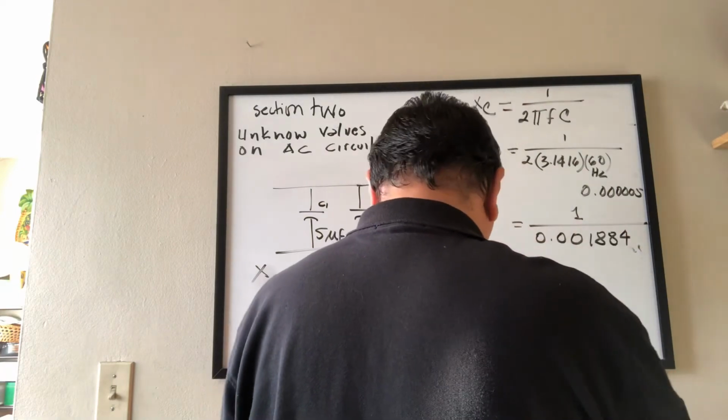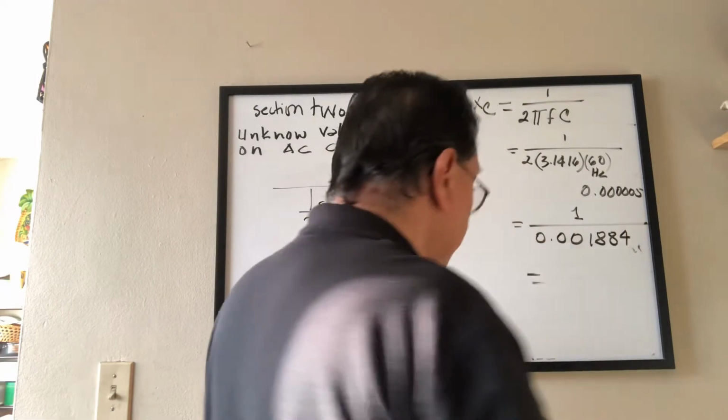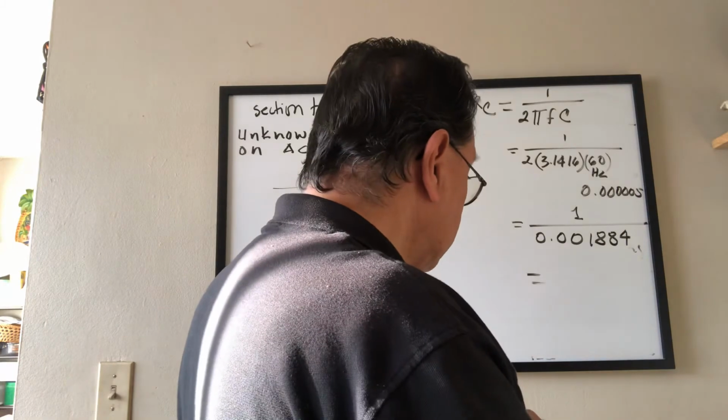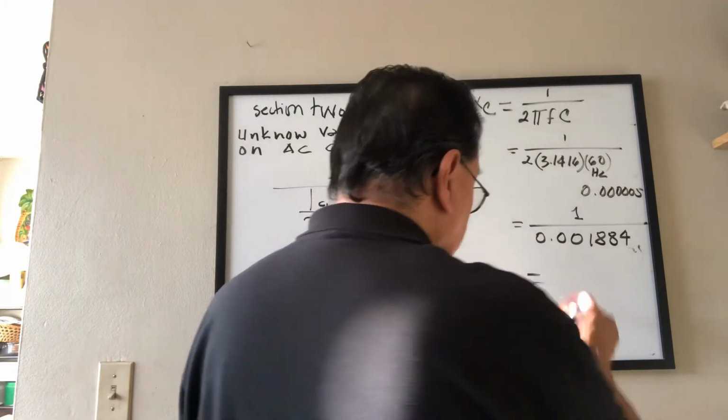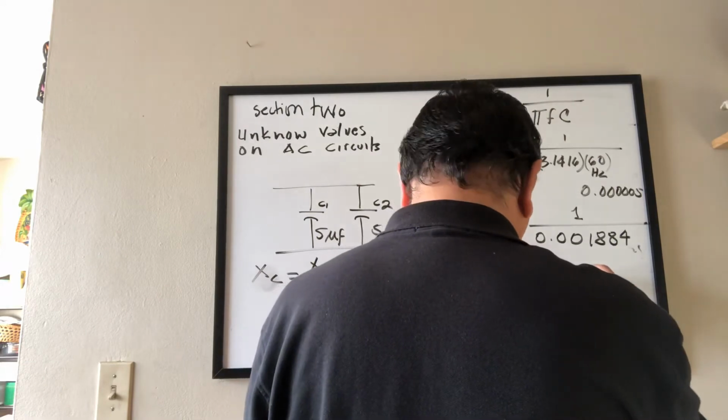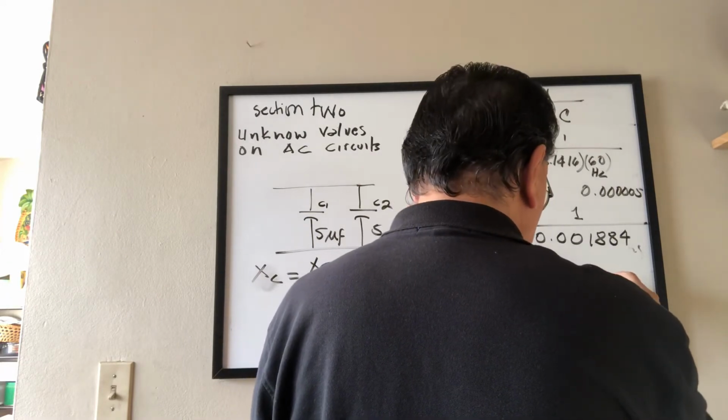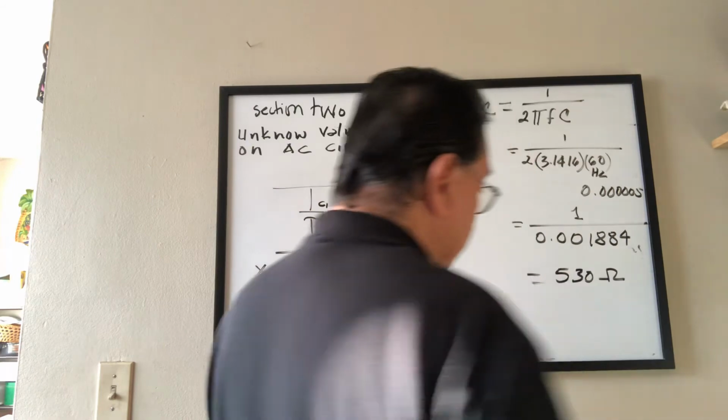So 1 divided by 0.001884 is equal to 530 ohms.